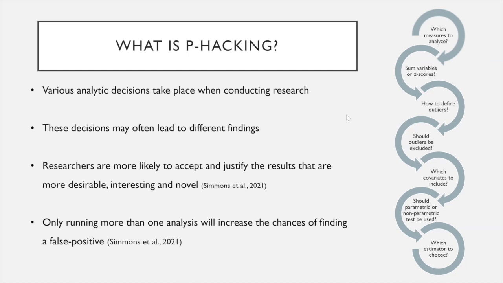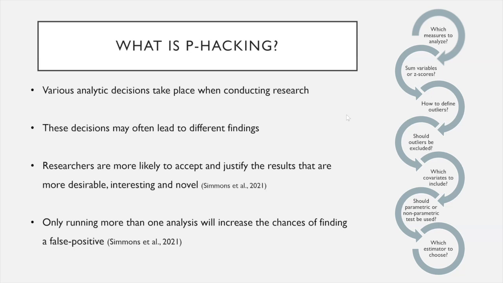But as Simmons and colleagues state in the article Pre-Registration: Why and How, the article on which we based our session today, the bulk of the problem regarding false findings is caused by this selective reporting of analyses that generate these desirable results.